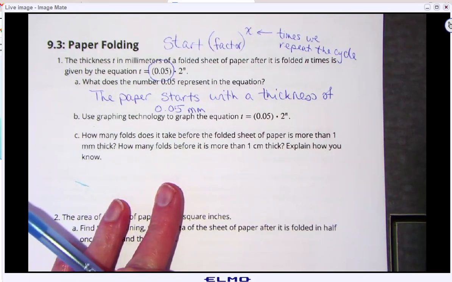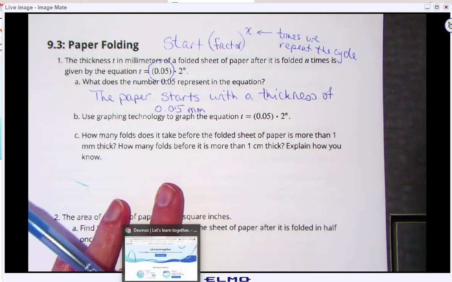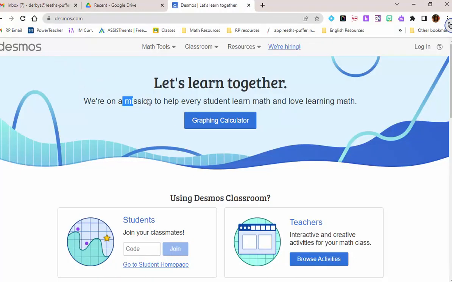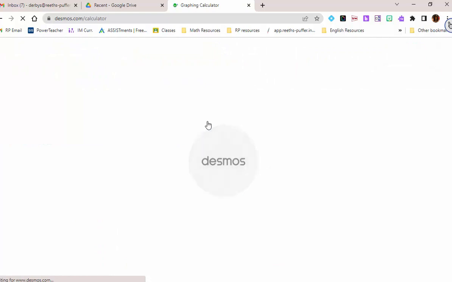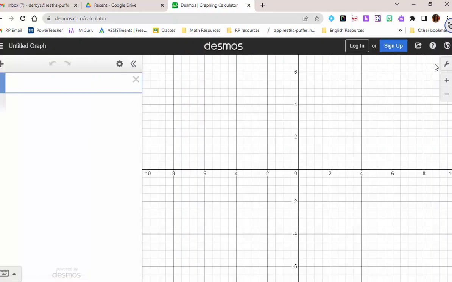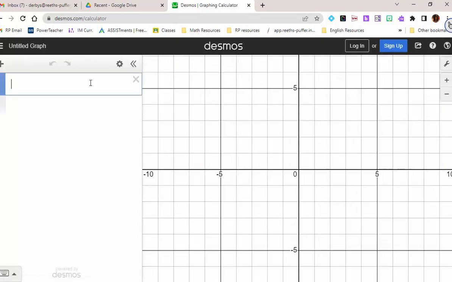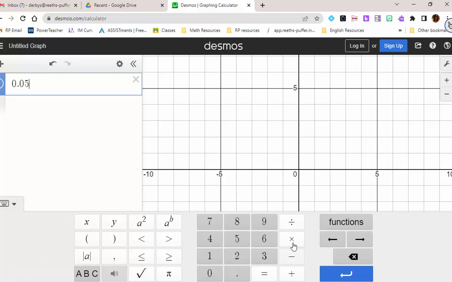So let's see, I'm at desmos.com, so I'm going to go to the graphing calculator. I just like that mode better because I can see better. I'm going to type in our equation, 0.05 times, so I need to use my keyboard because I'm going to multiply it by 2, and I need to raise it up to the exponent.